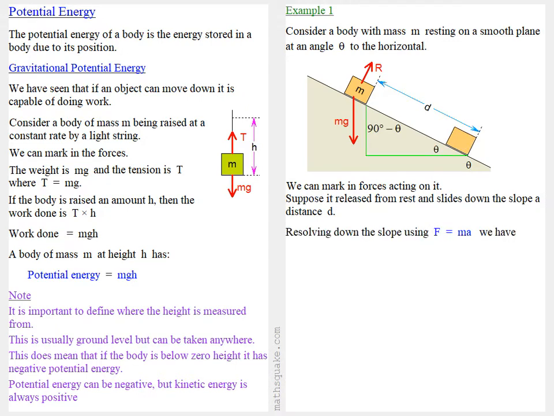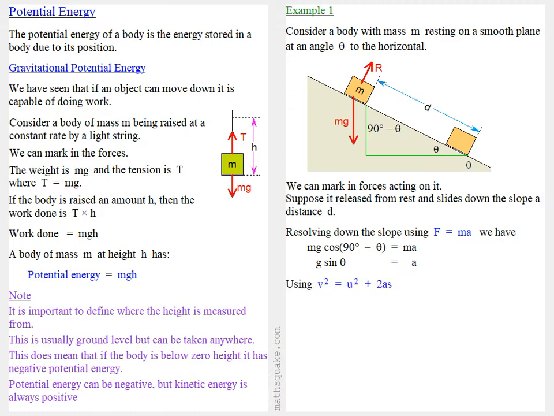Resolving down the slope and using F equals ma, we have the component of mg down the slope is mg times the cosine of the angle between the vertical and the slope. So, mg cosine of 90 minus theta equals ma, and we can divide both sides by m, and remember cosine of 90 minus theta is sine of theta, so g sine theta equals a.